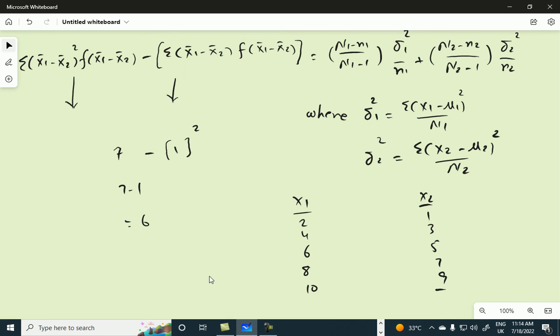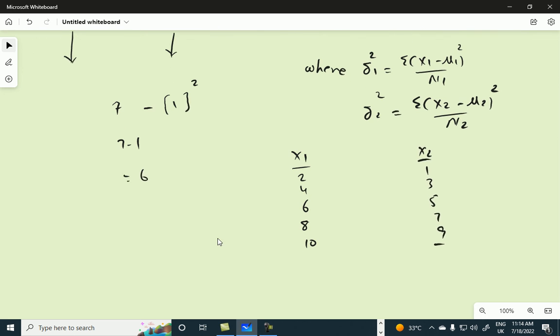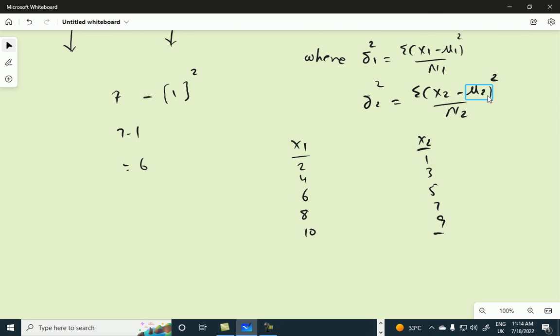So, calculate sigma 1 square and sigma 2 square. The formulas are given by sigma 1 square is equal to this and sigma 2 square is equal to this. You already know that mu 1 is equal to 6 and mu 2 is equal to 5.